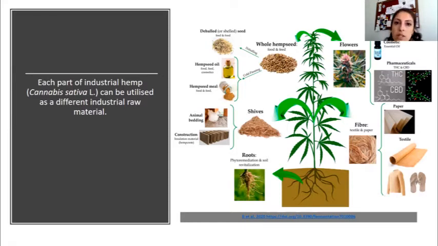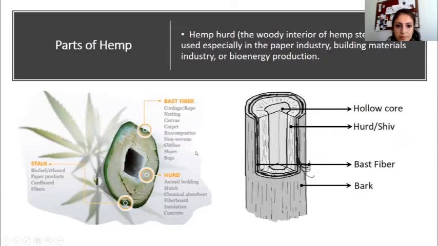And in our study, we use the shives. Actually, in our study, we use the other name of shives, hurd. After all of my slides, I use hurd, and it's used for animal bedding and construction materials. You can see here.